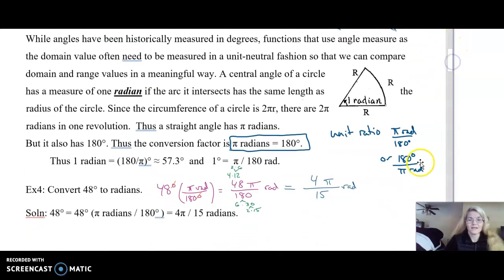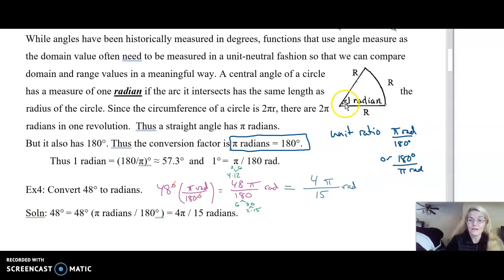And then, understanding how to convert between radians and degrees. If you remember and have memorized this equivalence, that pi radians is equal to 180 degrees, then the unit ratio you're going to use when converting between radians and degrees is either pi radians over 180 degrees or the reverse of that, 180 degrees over pi radians.